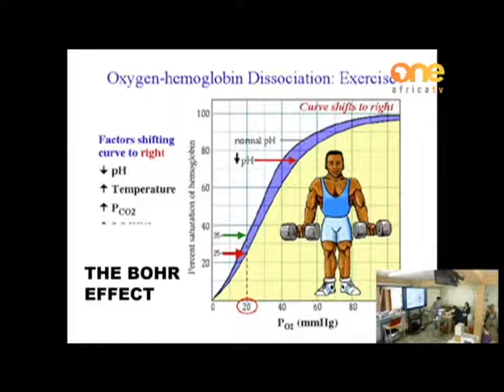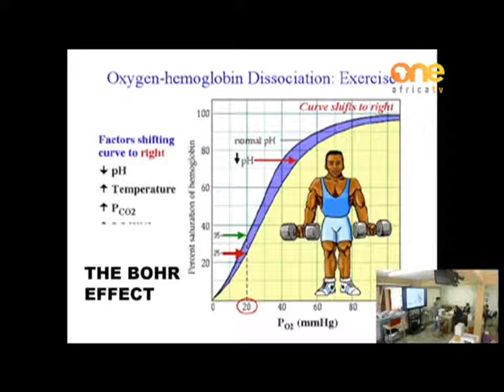So I want you now to go to page 278, and I am going to read it with you again. Explain why high carbon dioxide concentration shifts the dissociation curve to the right, and explain the significance of this.